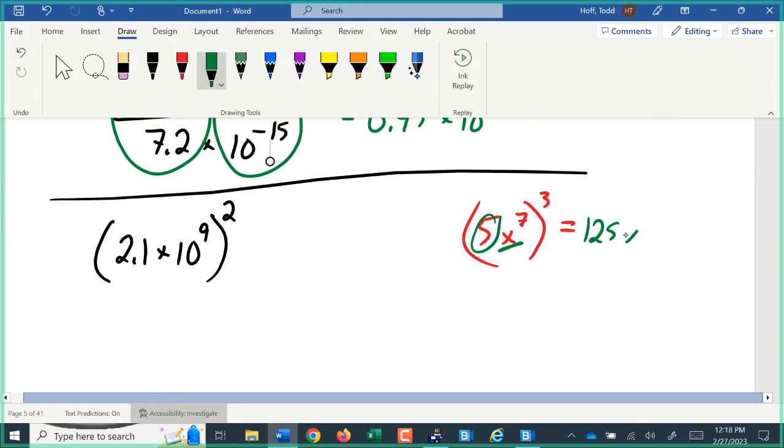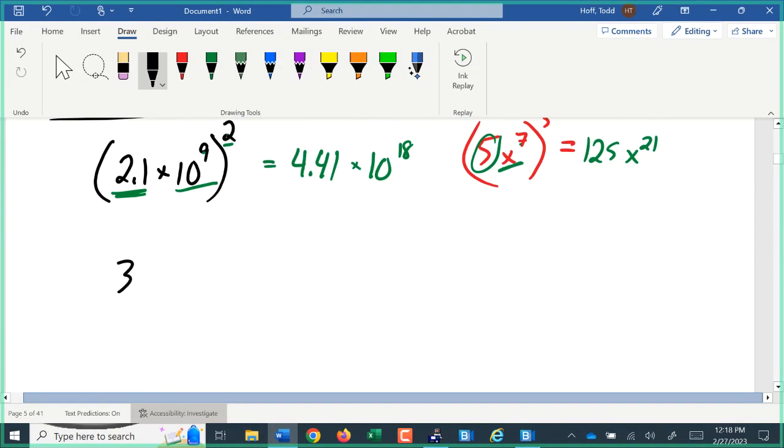Power of a power, we multiply. 7 times 3 is 21, so x to the 21. We do the same thing here. 2.1 squared is 4.41 times 10 to the 9th squared. Well, 9 times 2 is 18, so that's 10 to the 18th.